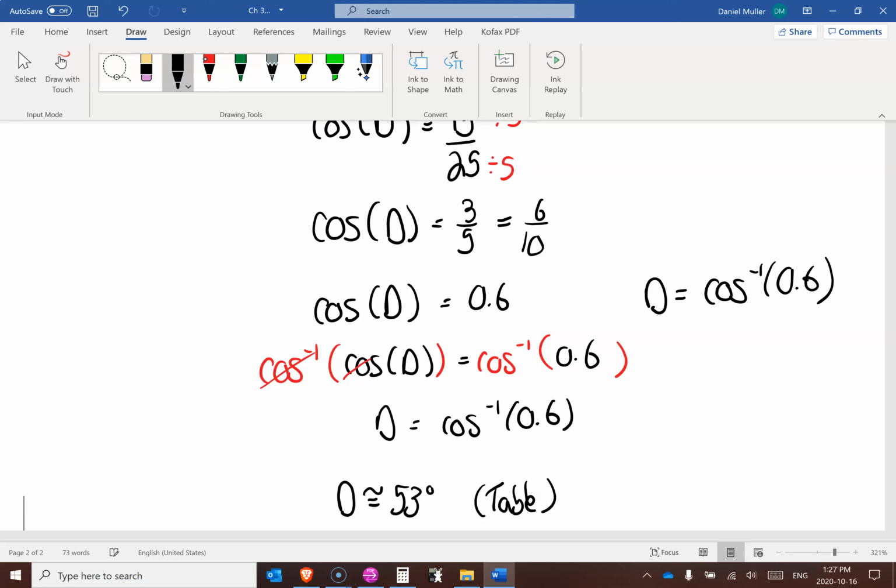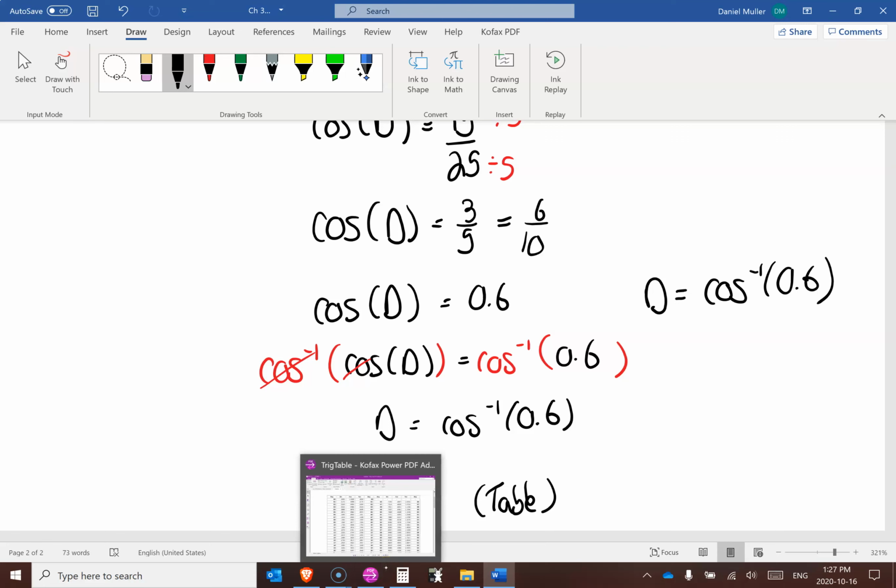Now, that's only helpful if you're using a calculator. When you're using a table, it's really obvious. D is the angle, and you're looking on the other part of the table to find the angle. But for a calculator, the answers aren't there. You actually have to know what to press. So that's where this cos negative 1 comes in.